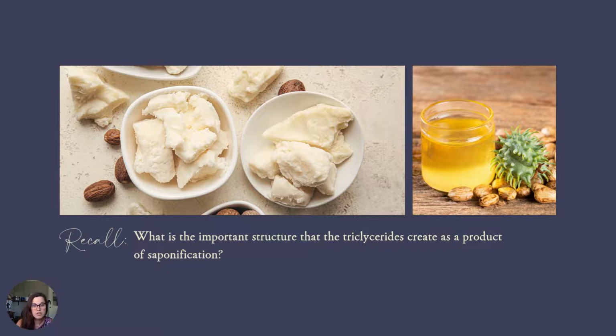Are we creating a soap for someone with very sensitive skin that needs to be more conditioning and less cleansing? Or are we creating a facial soap for someone who has excess oils that need stripped off, but we can't be stripping off as much as a dish soap? That's why we use this idea of the structure of our oils and butters in order to manipulate our recipes later on.